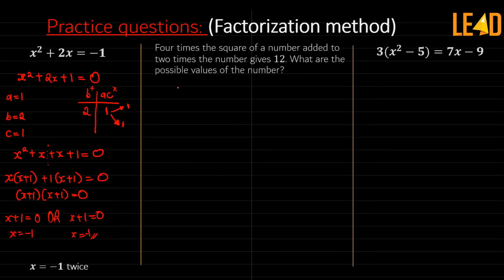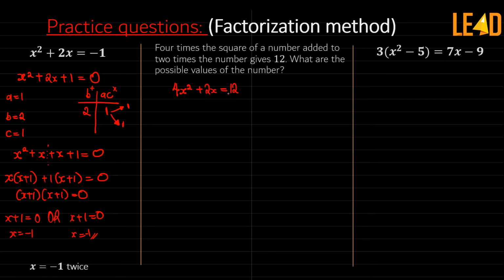Okay, the second one: 4 times the square of a number added to 2 times the number gives 12. Hold on, let's write that out. 4 times the square of a number is 4 times x squared, so 4x squared, added to 2 times the number, plus 2x, gives 12.